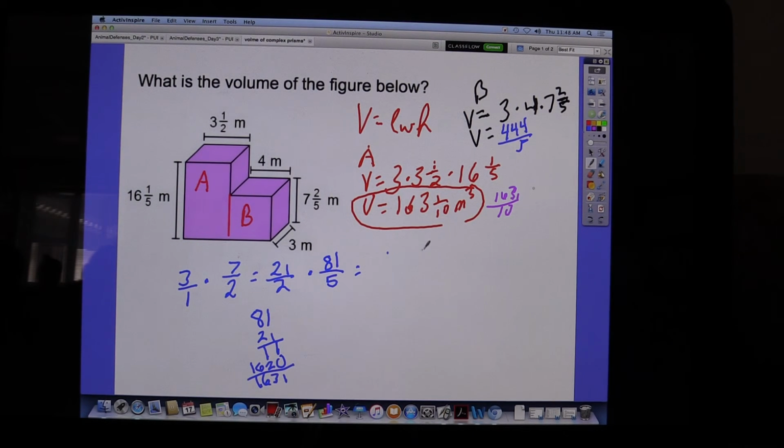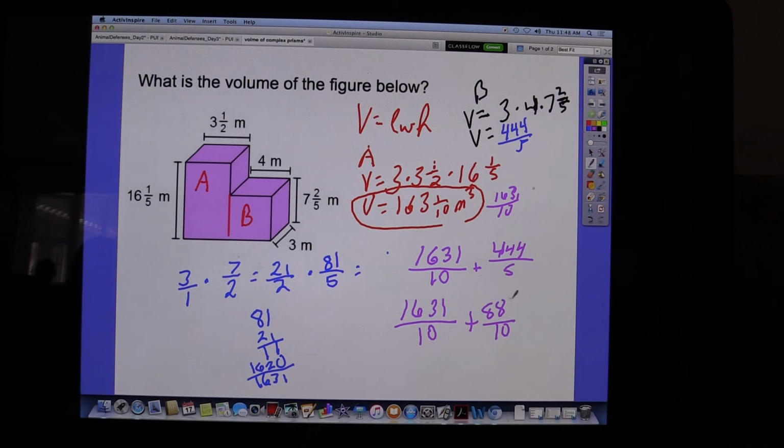Okay, so I'm going to say 1,631 over 10 plus 444 over 5. I need like denominators, and the least common denominator for 10 and 5 will be 10. So 1,631 over 10 plus, 5 times 2 gives me 10, so 444 times 2 is 888.